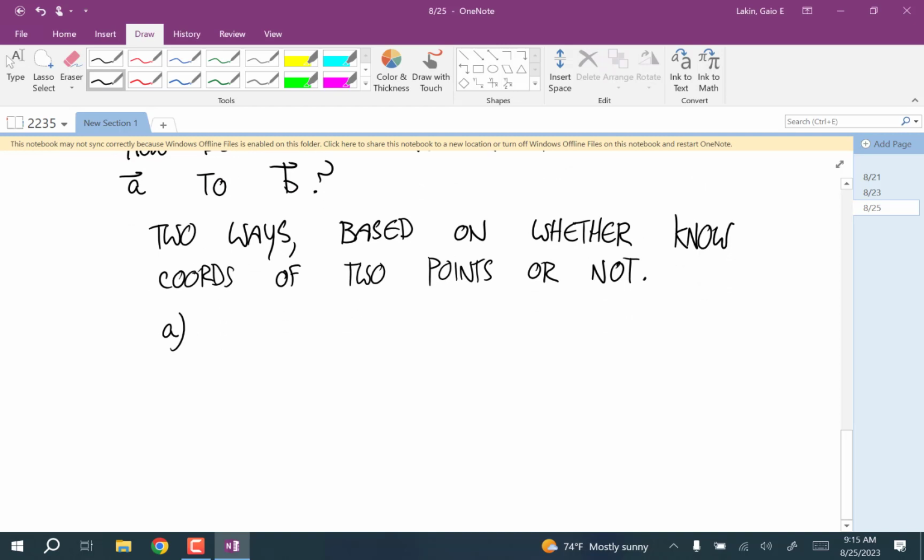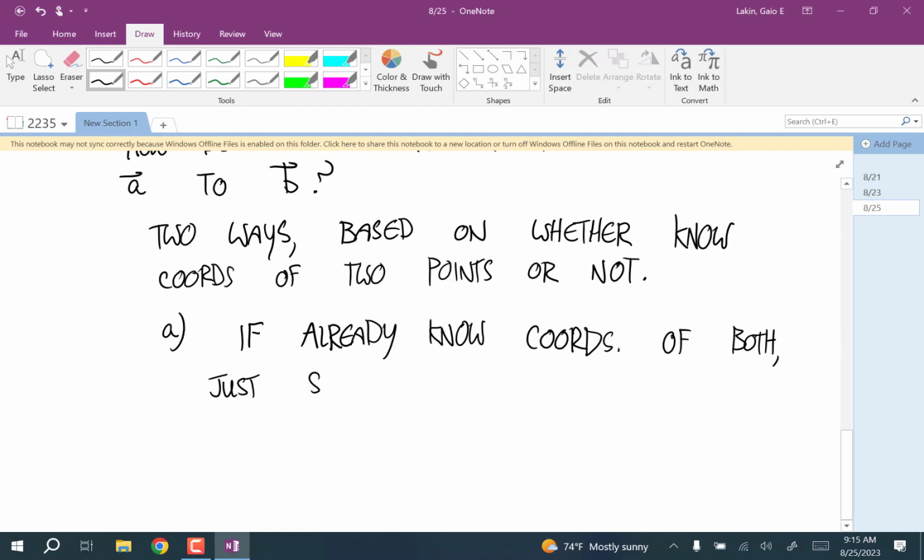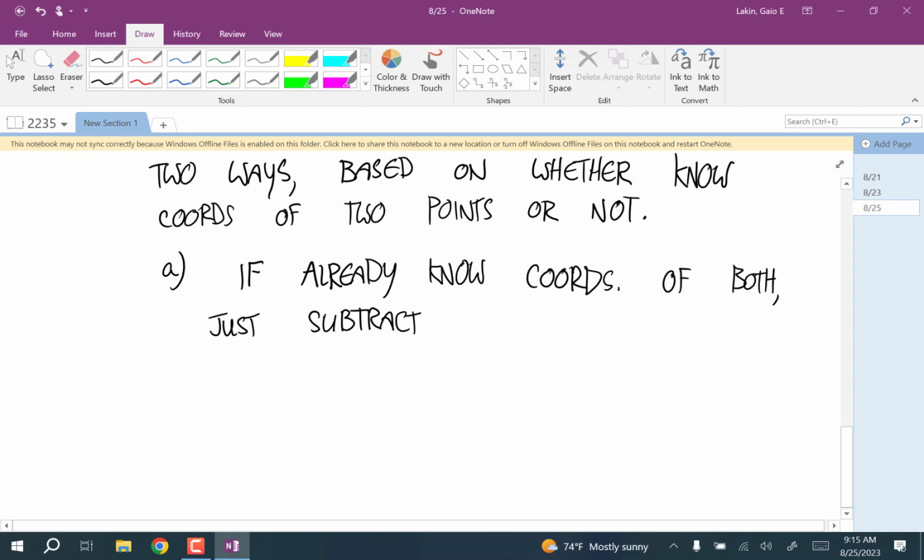If you do already have the coordinates of the two points, you just subtract the coordinates. You're just calculating a vector from one to the other one. So if you already know the coordinates of both, then you just subtract the destination point minus the starting point.